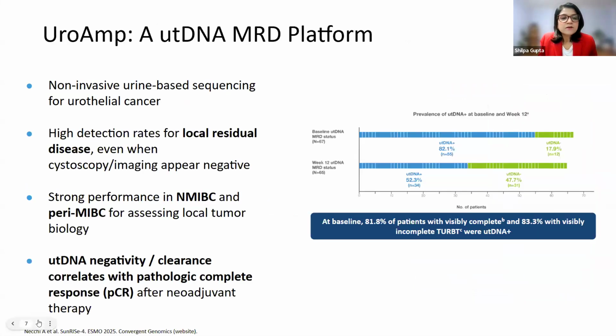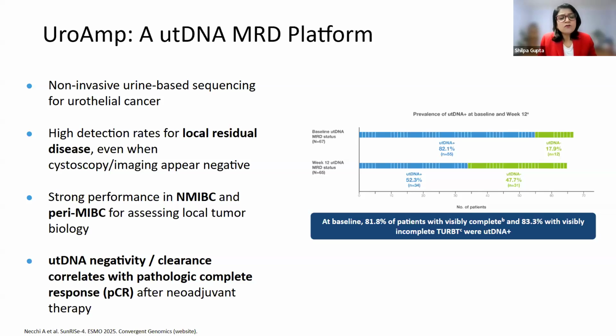Next slide. So UroAMP is a urine tumor DNA MRD platform, and this is a non-invasive urine-based sequencing from urothelial cancer, and it has been shown to have high detection rates for local residual disease, even when the standard conventional tools like cystoscopy or imaging appear negative. And we know that a lot of times, like you said, patients are understaged, and we really need such early detection tools.